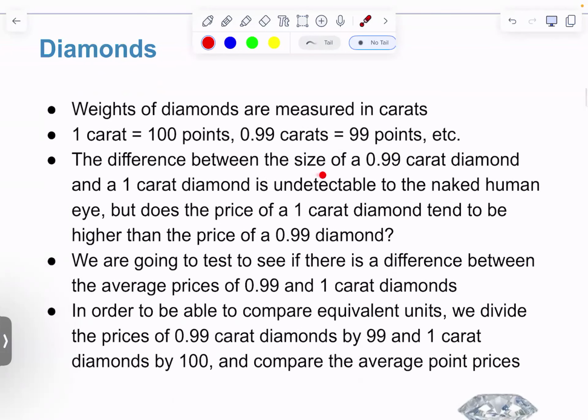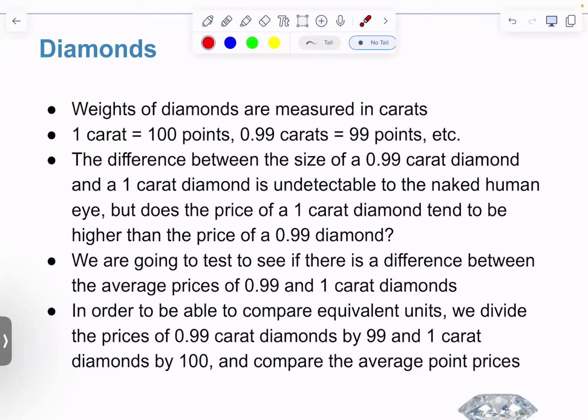Now, the difference between the size of a 0.99 carat diamond and a 1 carat diamond is undetectable to the human eye. So we really can't see the difference between these two things. So what we're interested in is, does the price of a 1 carat diamond tend to be higher than the price of a 0.99 carat diamond? Do with that what you will.